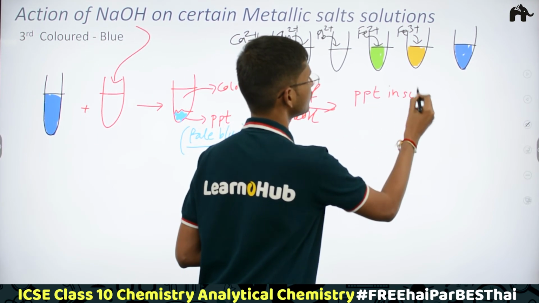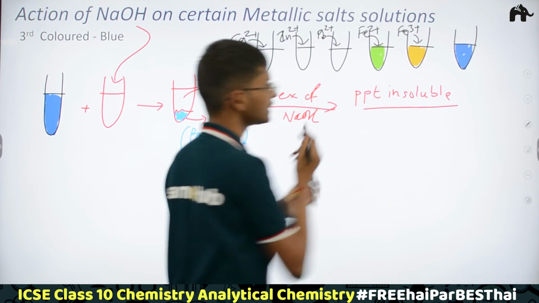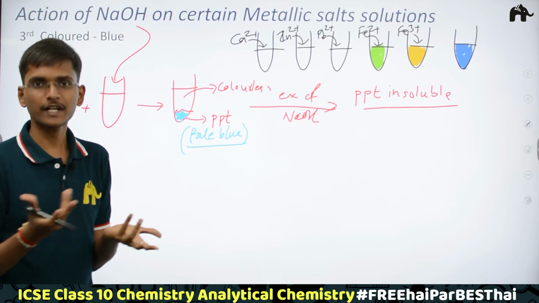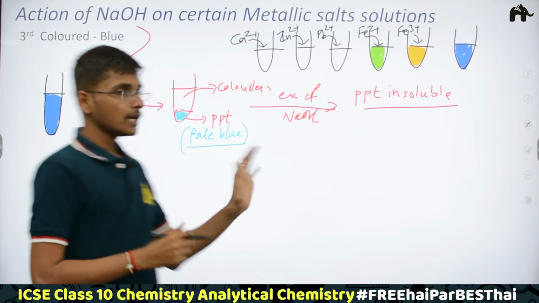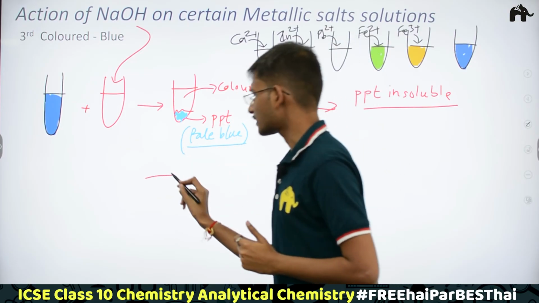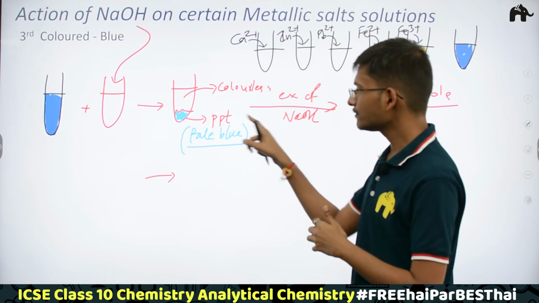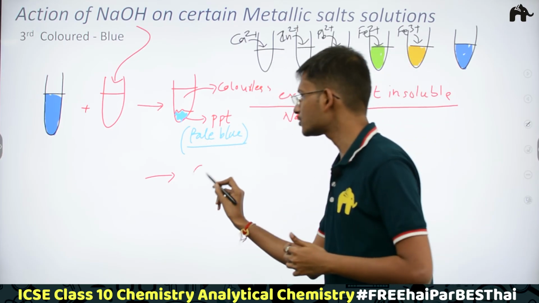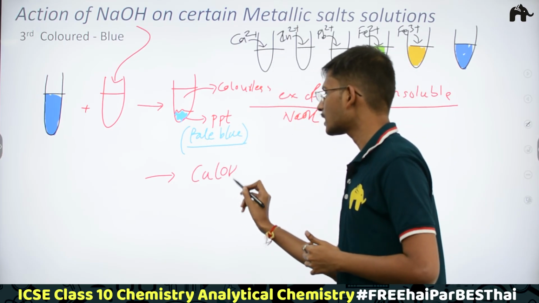So we only need to study one reaction, because since the precipitate is insoluble, there is no reaction taking place. Now which one reaction are we talking about? We all know how to write that reaction, but before that we should know what this pale blue precipitate actually is. So this pale blue precipitate is of copper hydroxide.